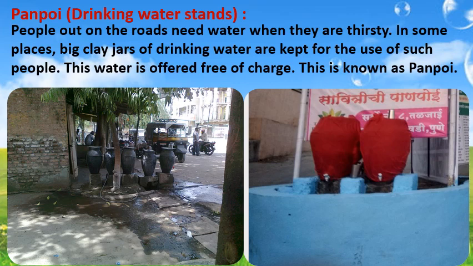In some places, mostly near village places, big clay jars of drinking water are kept for the use of such people. This water is offered free of charge. We purchase Bisleri bottles and all that sealed bottles for money, right? But here this is free of charge and this is called as pan poi. Got this, students?